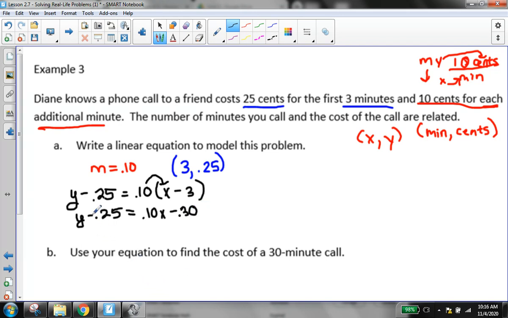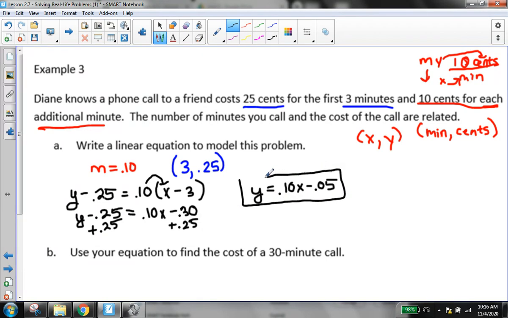All right, so then my next move is I'm going to be adding 0.25 to both sides. So then to get my final equation, it's going to be y equals 0.10x minus 0.05. So that would be my equation to answer part A.